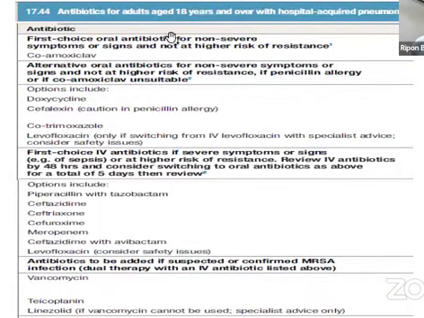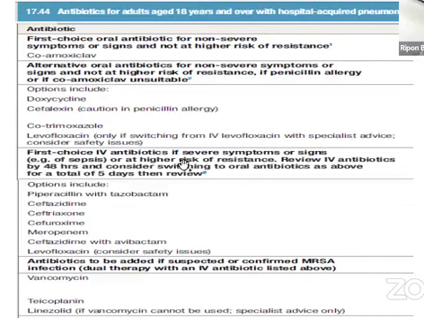This guideline shows the antibiotics for adults 18 or more with hospital-acquired pneumonia. They propose the first choice of antibiotic for non-severe symptoms or signs, not at higher risk of resistance: co-amoxiclav. Alternative oral antibiotics for these non-severe symptoms or signs are doxycycline, cephalexin, co-trimoxazole, levofloxacin.